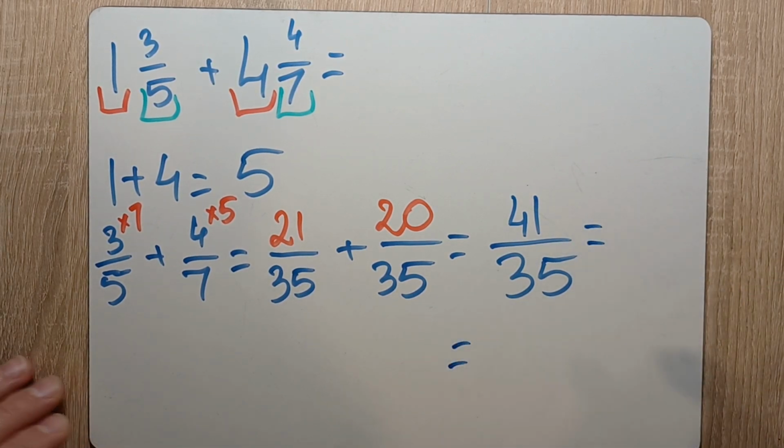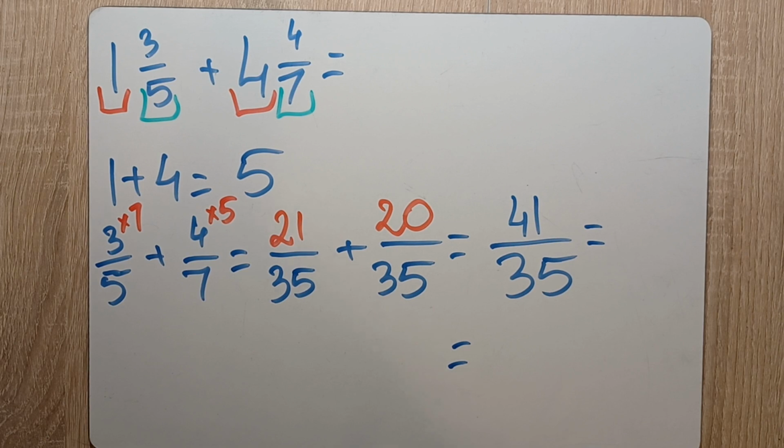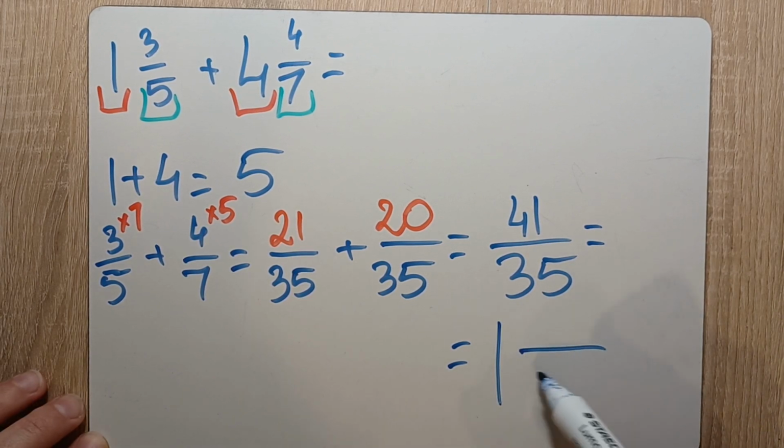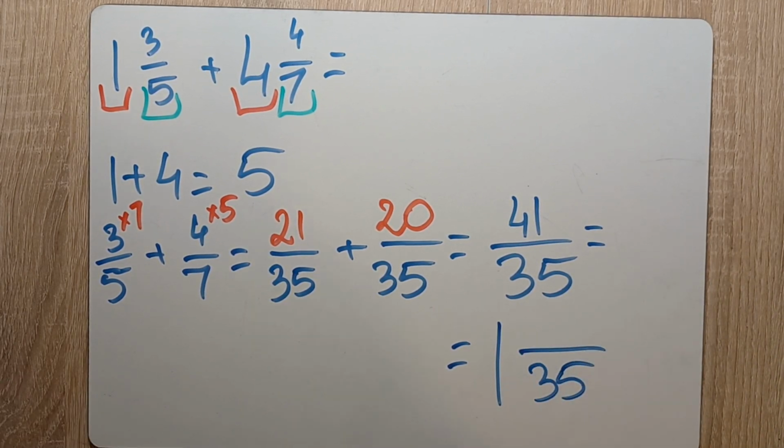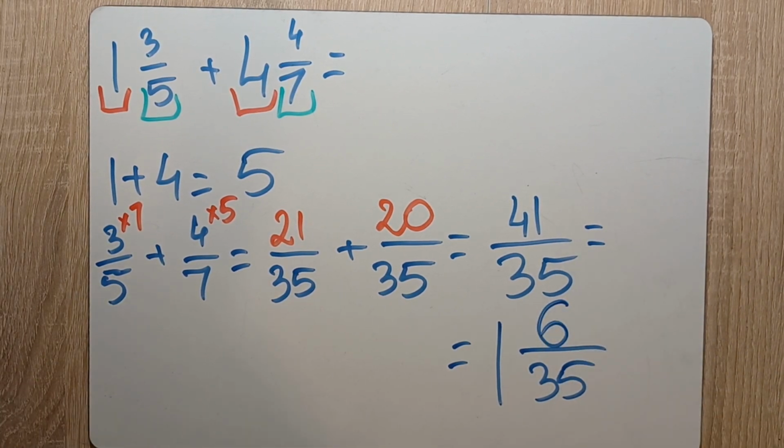So I need to change it or convert it into a mixed number. How many 35s into 41? Of course, 1. We keep 35 as a denominator, and then 35 times 1 equals 35. 41 minus 35 gives me 6. So 6 is the remainder here.